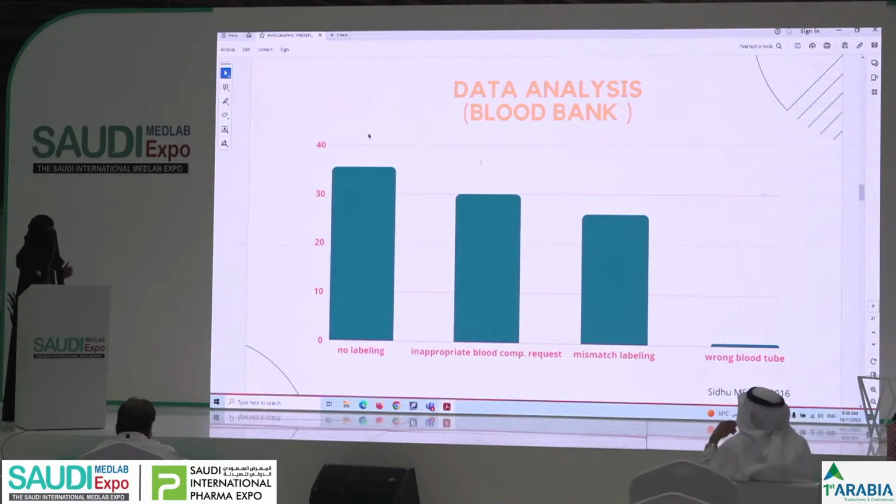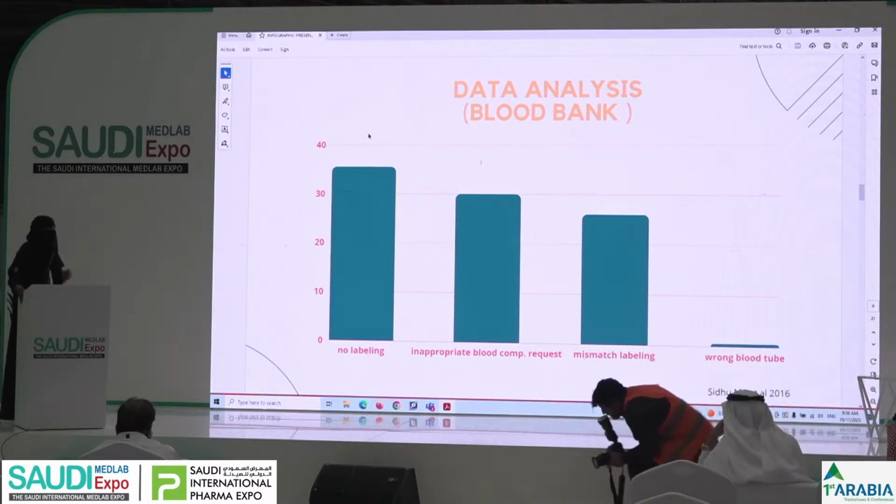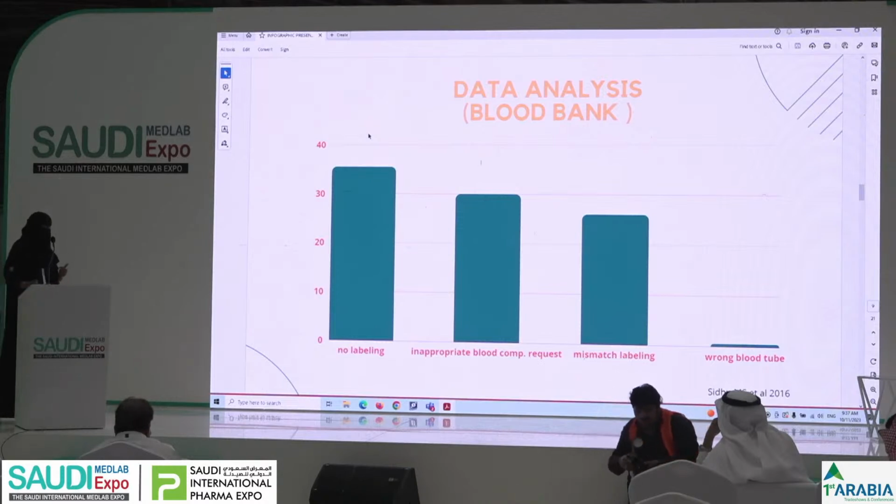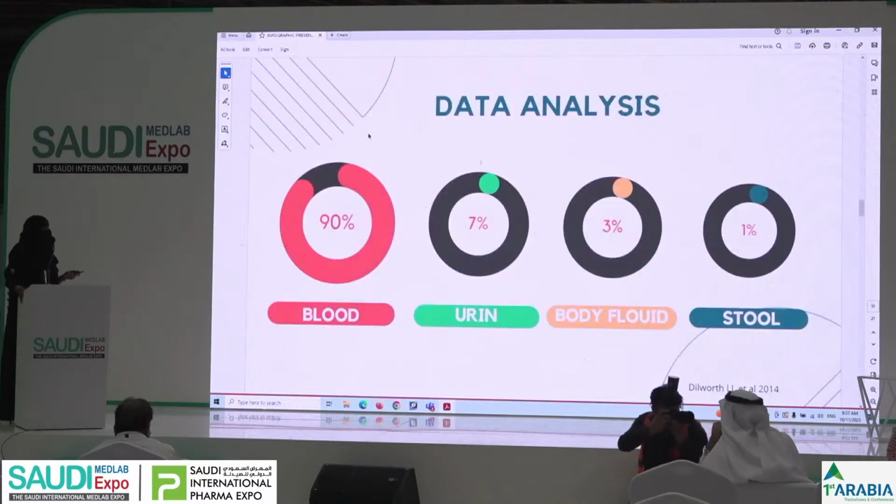So these are the major clinical errors that happen with the patients during collection of the sample, and definitely that will affect the releasing of the result for the patient. It will lead to delayed diagnosis for the patient, and that will reduce the quality of the service and laboratory performance due to the delay or inappropriate sample collection.